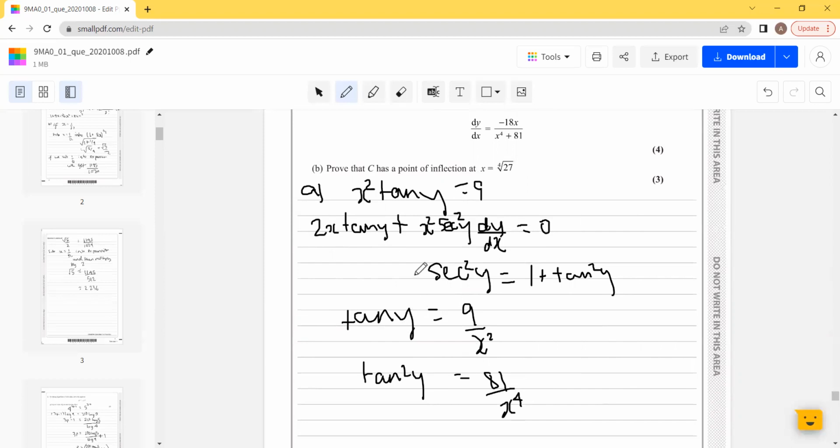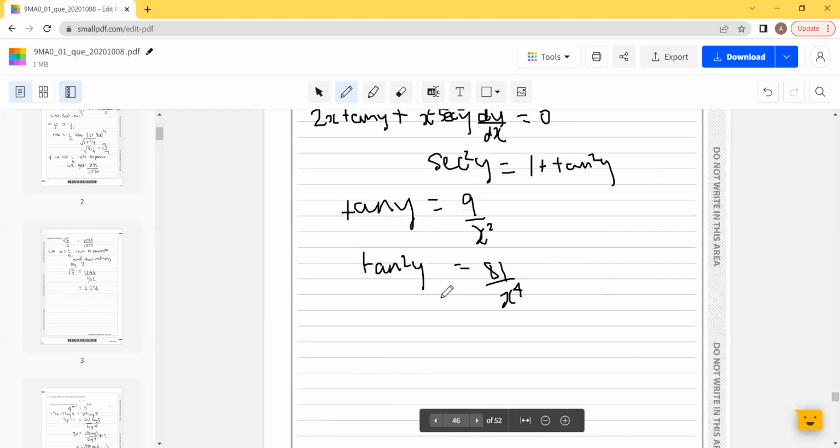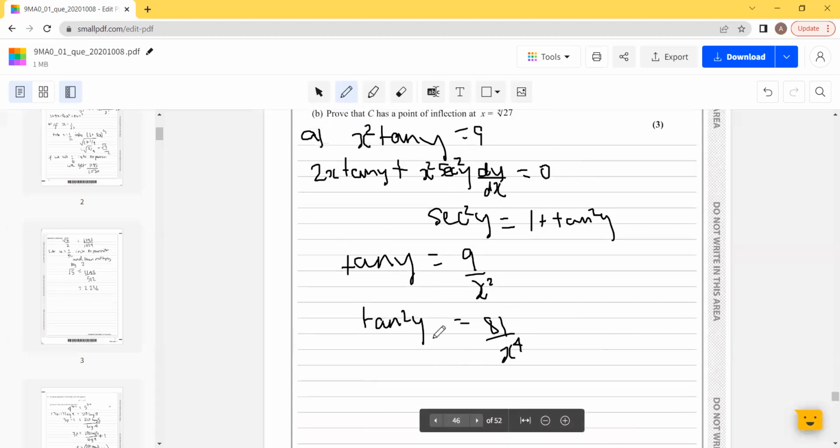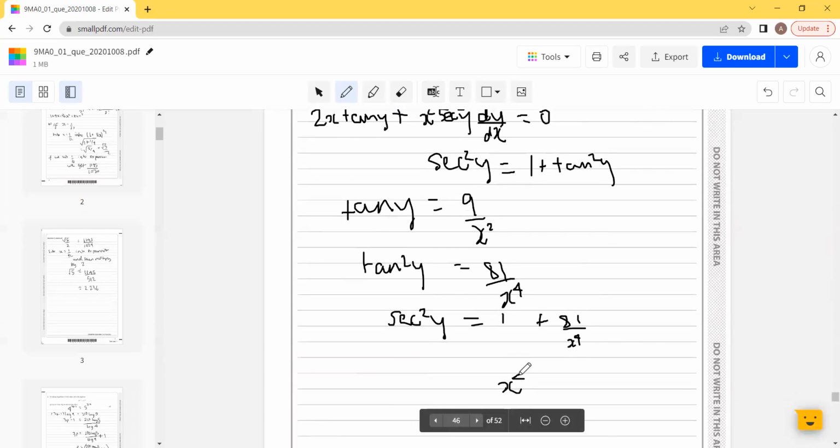If I wanted to, I can always rearrange it. So this is what I have so far. I have that this is equal to 0. So I just need to find out what my sec squared y is. So sec squared y is equal to 1 plus 81 over x to the 4th power, which is x to the 4th power plus 81 over x to the 4th power.